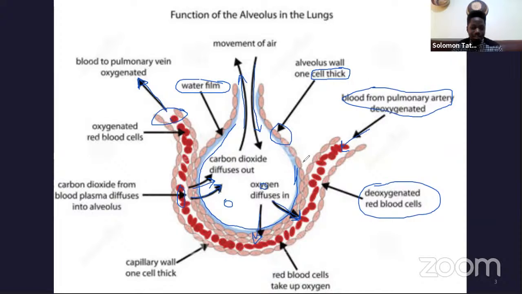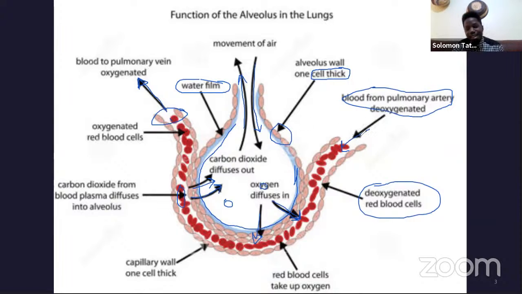Those are the key things I would love you to remember. Then the capillaries that surround the alveolus come from the pulmonary artery with deoxygenated blood, and head into the pulmonary vein where they have already picked up oxygen. So the red blood cells are very oxygenated.